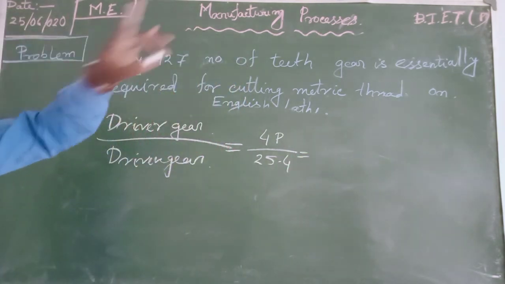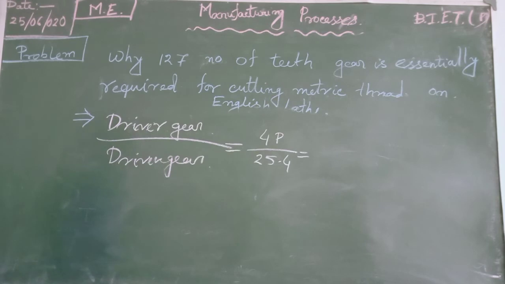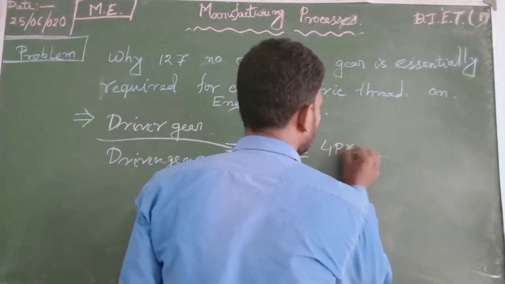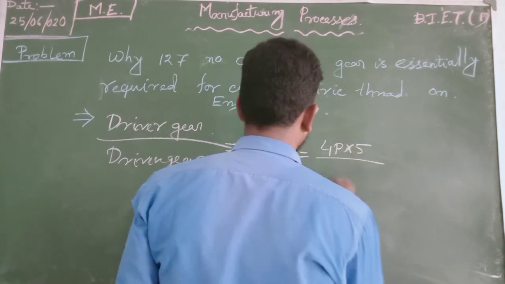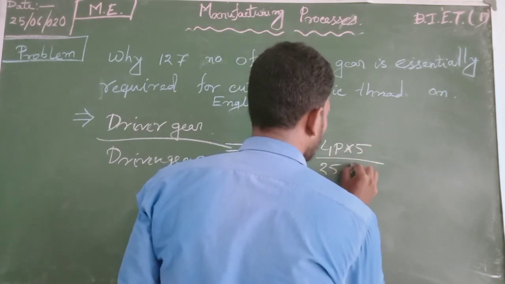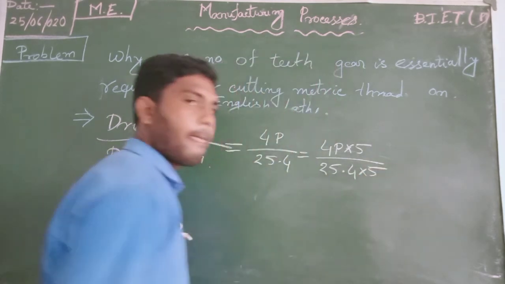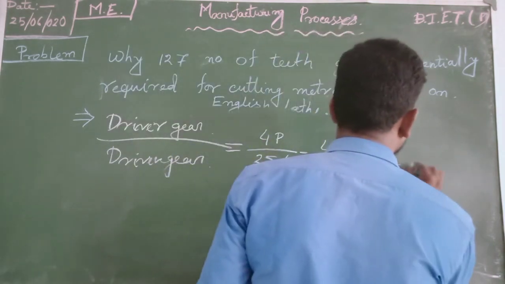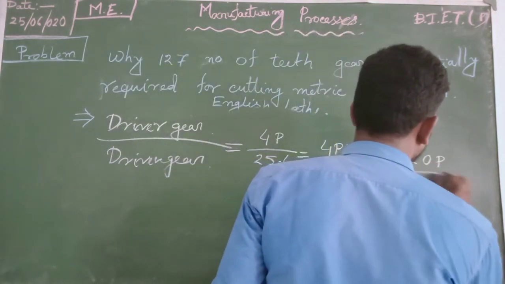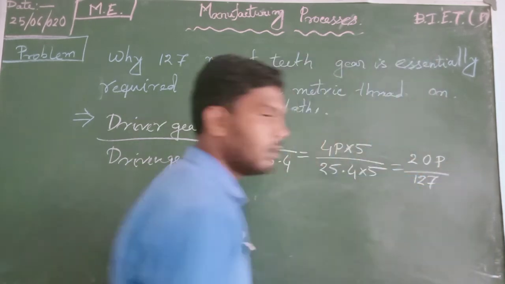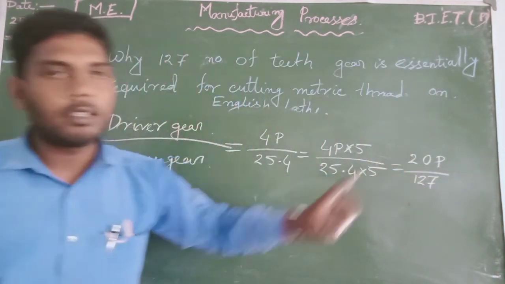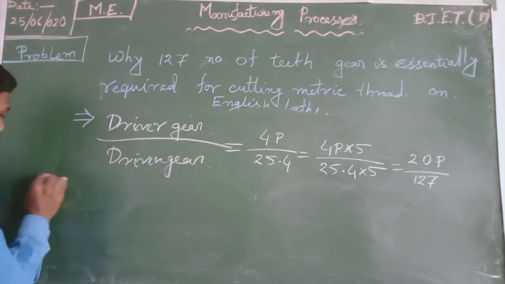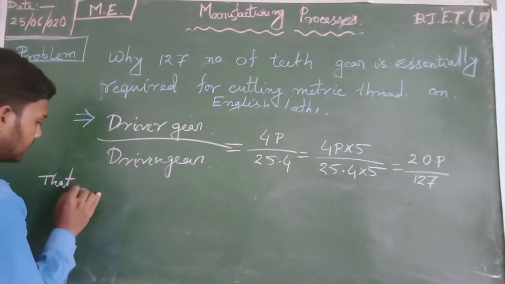Calculated the same as in the previous problem: 4P into 5 by 25.4 into 5, this is 20P by 127. So that is why the 127 is required.